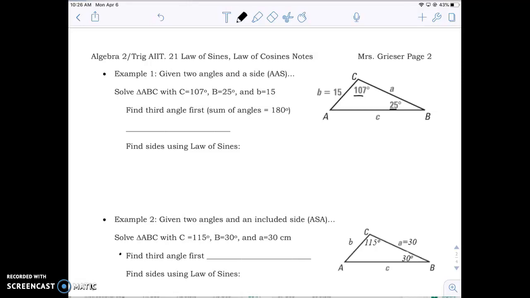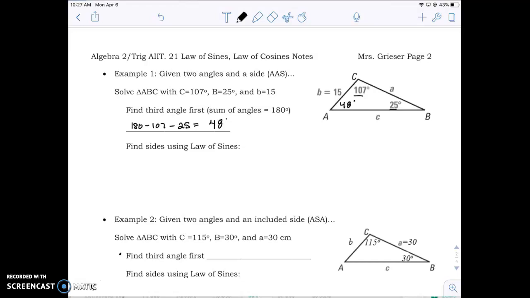So if I have two of the angles, the first thing I'm going to do is find that missing angle. 180 minus 107 minus 25. You'll notice that we have to move away from using the 90-degree reference because we're no longer in a right triangle. So my missing angle is 48 degrees.